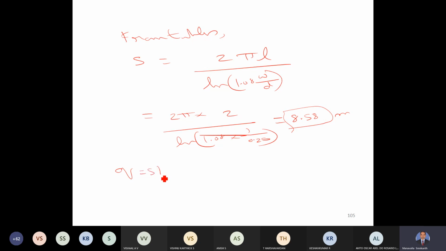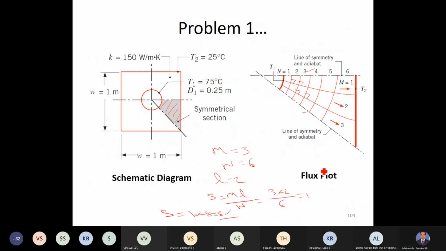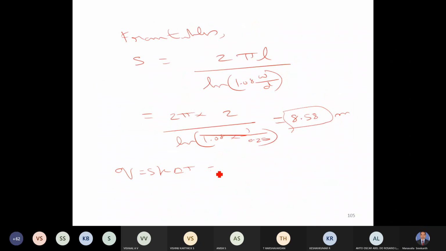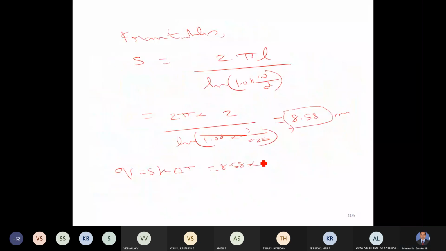So we'll use this to calculate the value of Q. Q is equal to S K delta T, isn't it? You have the formula here in the data book also. So that is 8.58 multiplied by K, which is 1, multiplied by delta T, which is 75 minus 25.